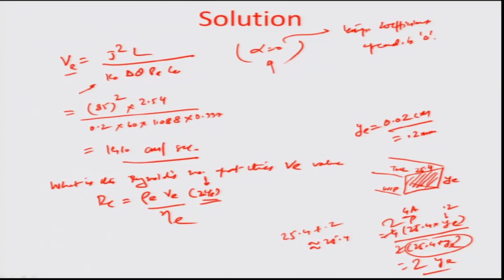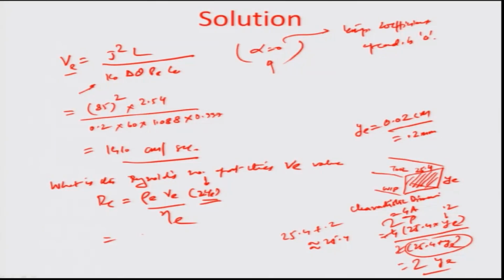So, the Reynolds number here has a characteristic dimension given by 4 times area over perimeter, which is twice ye, and I calculate that with respect to the velocity we just formulated.